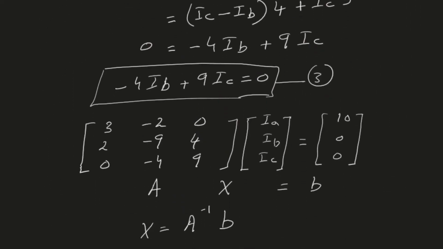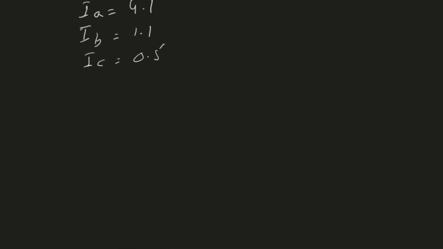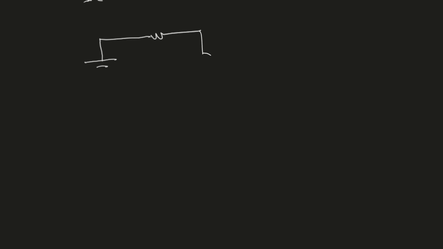With that, I want to discuss a couple more things about mesh analysis. The first item that I want to discuss is that sometimes we have a constant current source in our circuit, and we want to see how we can apply mesh analysis to that circuit. So for example, if I have a circuit that looks like this, but here I have a current source.